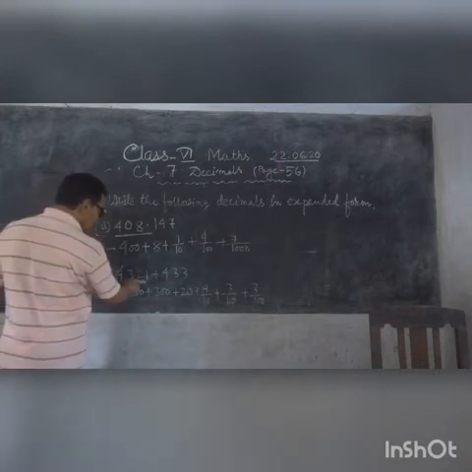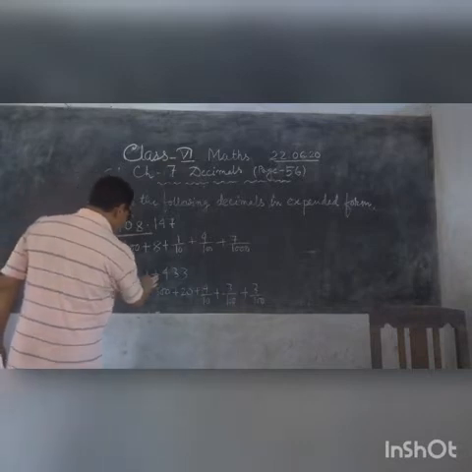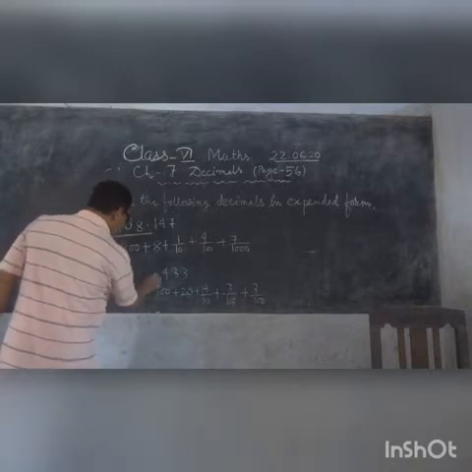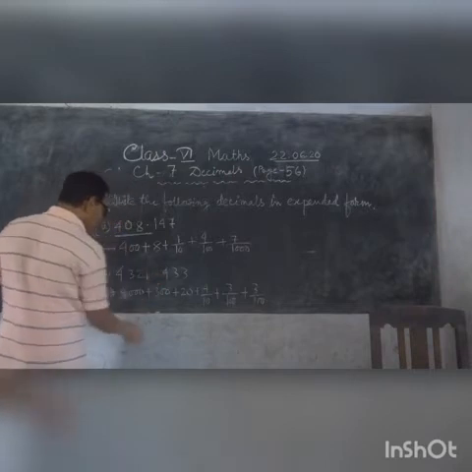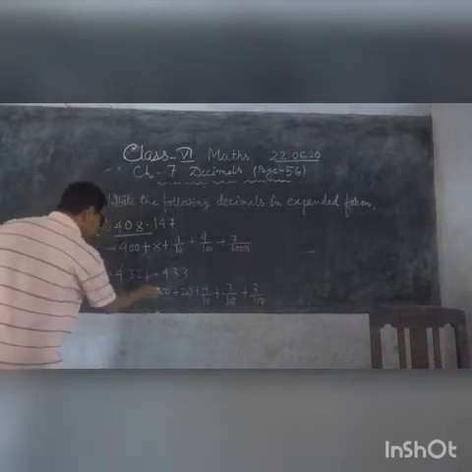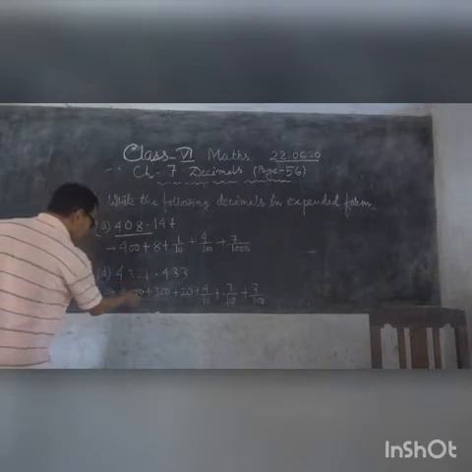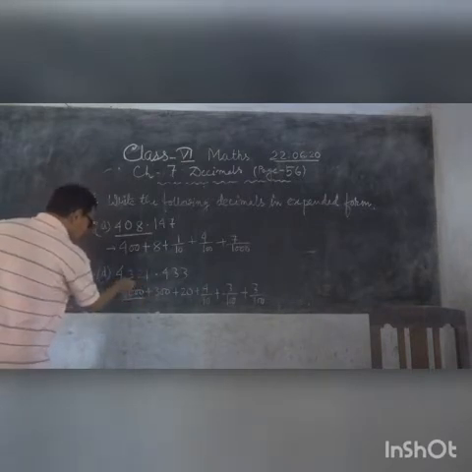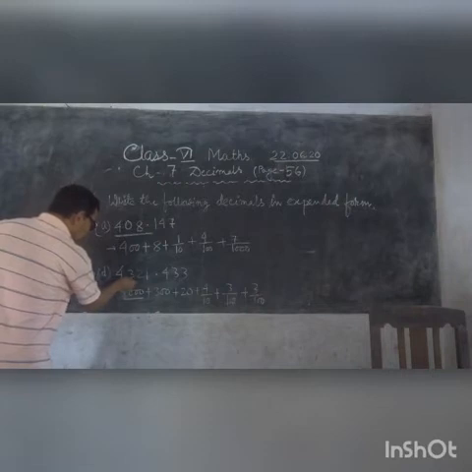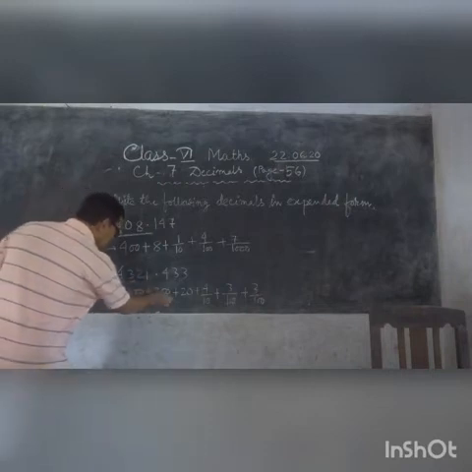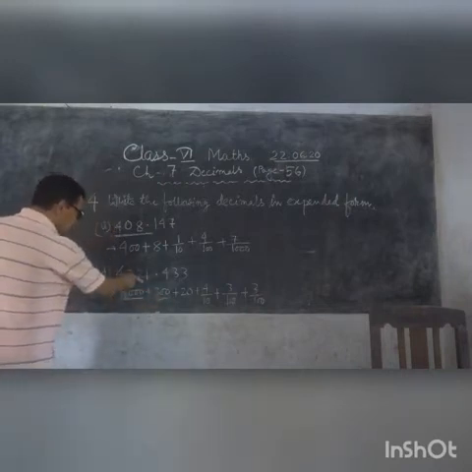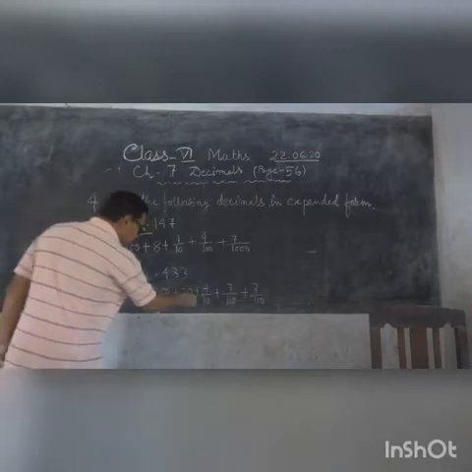4321, and 21.433. So first expand this 4321. It is 400. Then 3, that is hundreds place, 300. Then in the 2 place, 2 into 10, 20.